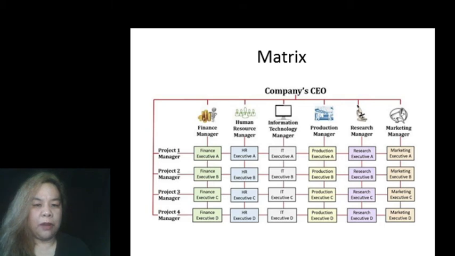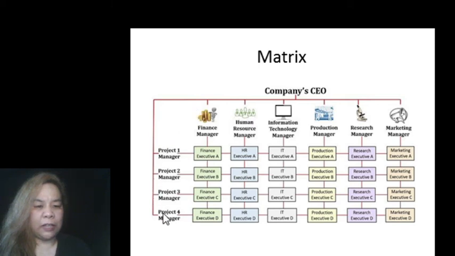So workers belong to at least 2 groups at the same time. Like for example, in this case, they belong to the organization as a whole, but at the same time, they are given responsibilities for the different projects. So a worker is a member of both the functional department and the project team. So that's the matrix structure.